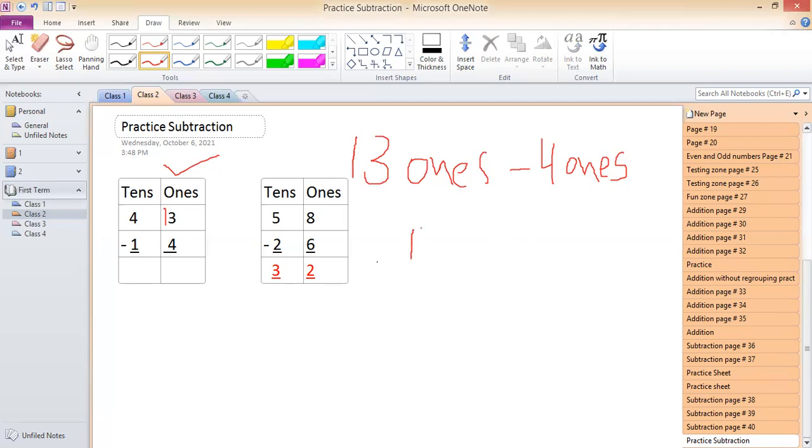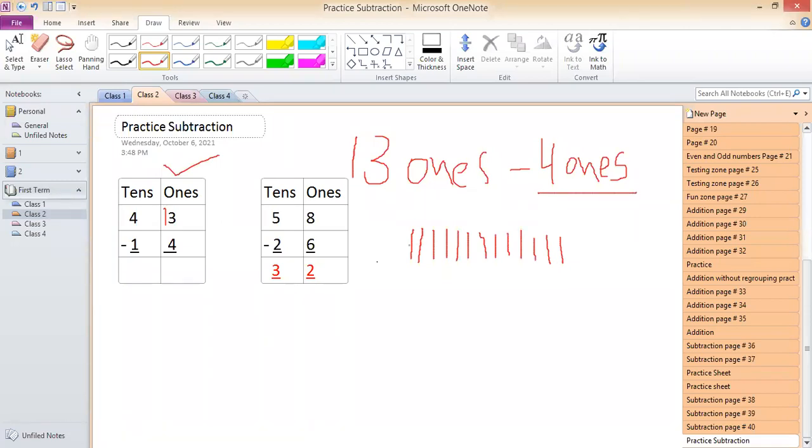1, 2, 3, 4, 5, 6, 7, 8, 9, 10, 11, 12, 13. Very good. Now you need to cut how many lines?